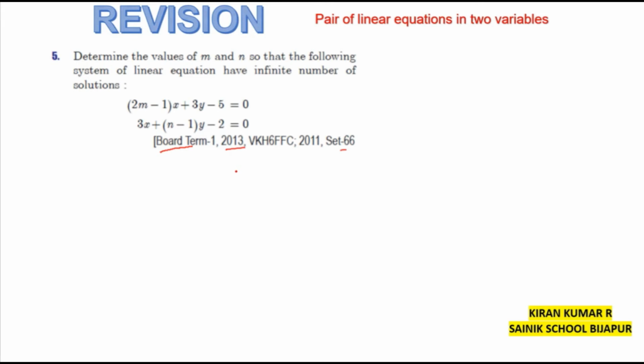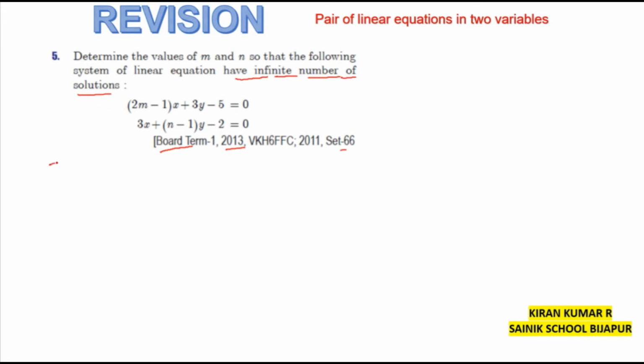Here they have given the equations 2m minus 1 times x plus 3y minus 5 equal to 0 and 3x plus n minus 1 times y minus 2 equal to 0. And they have mentioned that infinite number of solutions exist for these linear equations.